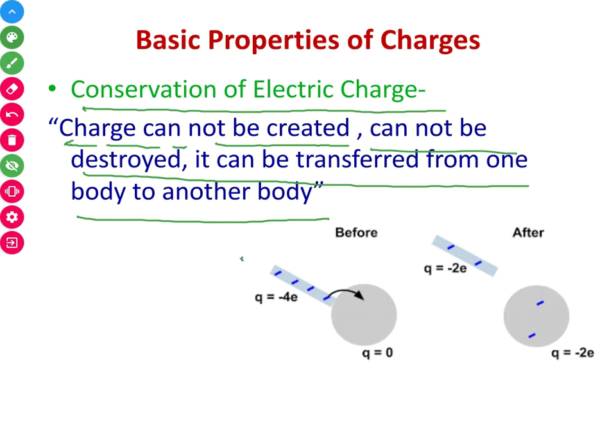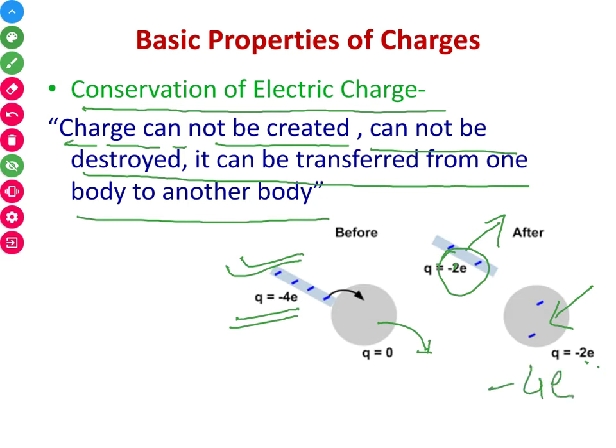As you can see here, this body has 4 electrons, and this is an uncharged body. When we touch this body with the uncharged body, then this body has charge -2e, that is 2 electrons, and 2 electrons come to the uncharged body. If we add both, it becomes -4e, which is the initial charge of the body. Initially the body contained 4 electrons, then 2 electrons remain here and 2 electrons go to the other body.